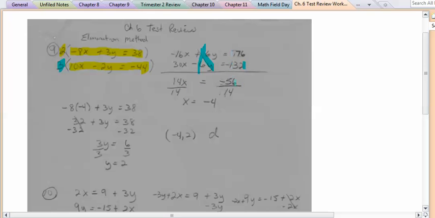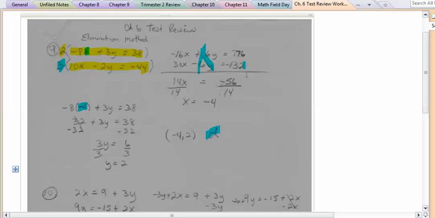And I put these together, which is negative 56. Then I divided by 14 both sides. I ended up with a negative 4. I took that negative 4 and I put it into this x right here. So this is the work right here. I did the math, I did all the work, and I solved for y. So my answer is negative 4, 2, which is letter D.